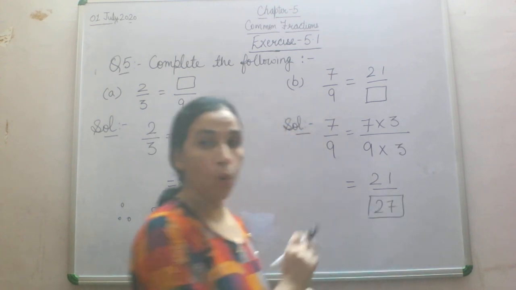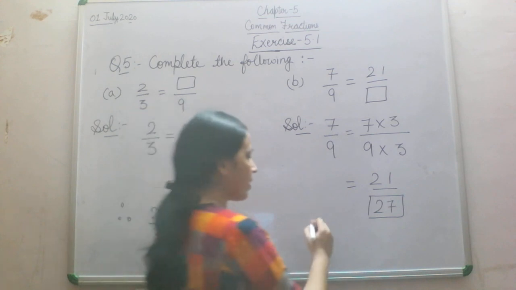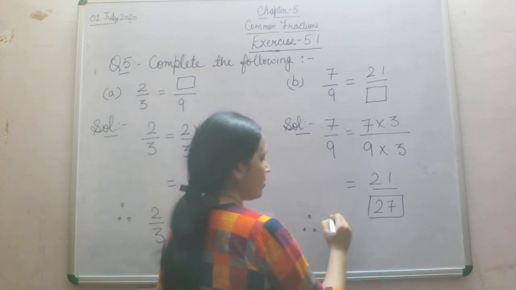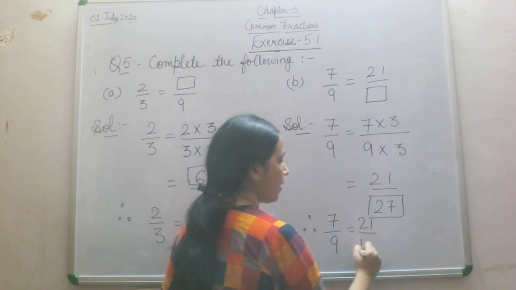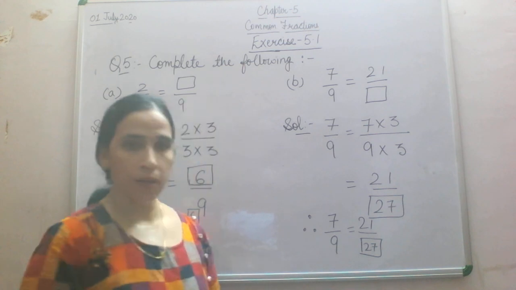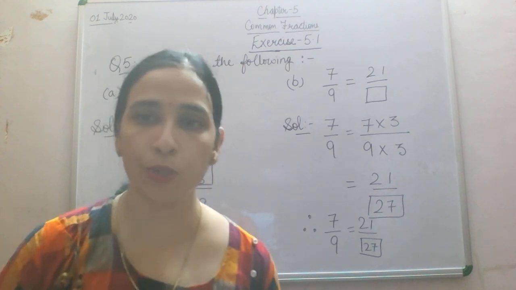We will make a box, and then we will write therefore 7 by 9 is equal to 21 by 27. Fine. I hope this question is clear to you all.